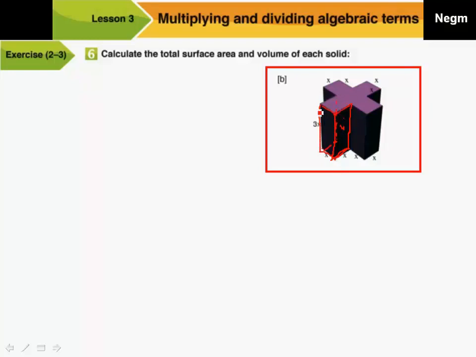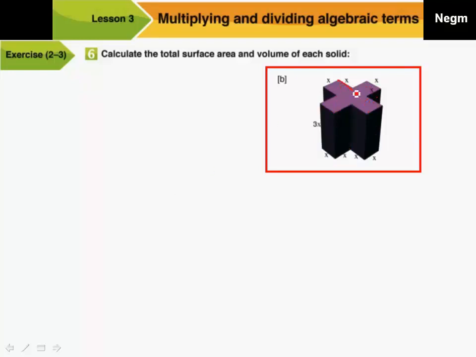So this part has 3 equal rectangles. And we have 4 of these rectangle groups. We have 12, which means 3 times 4. So we have 12 equal rectangles.